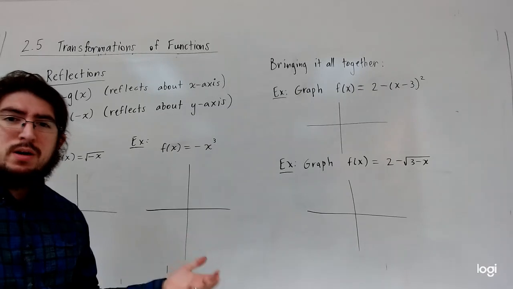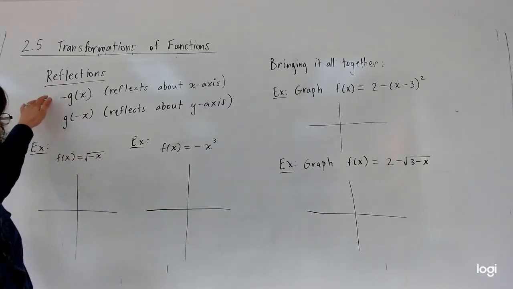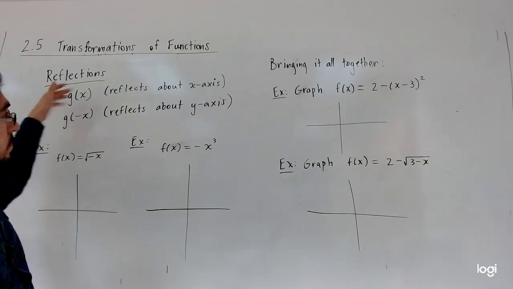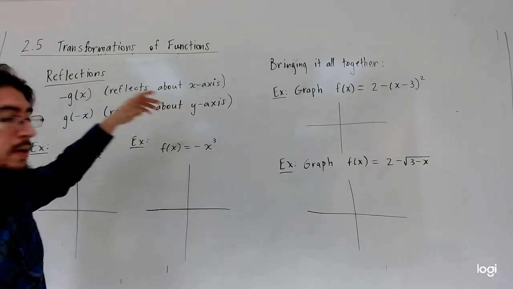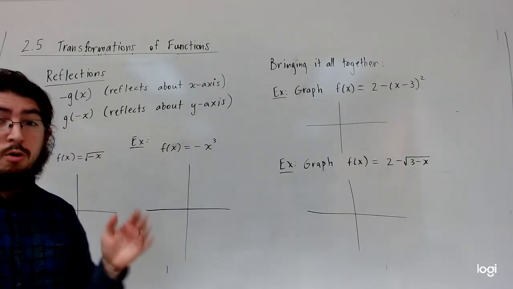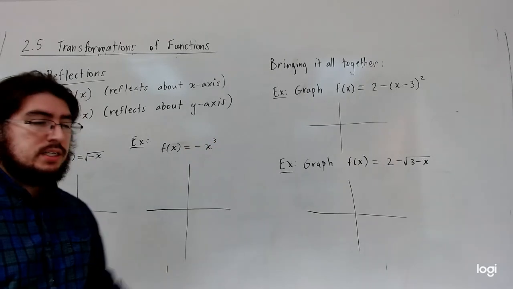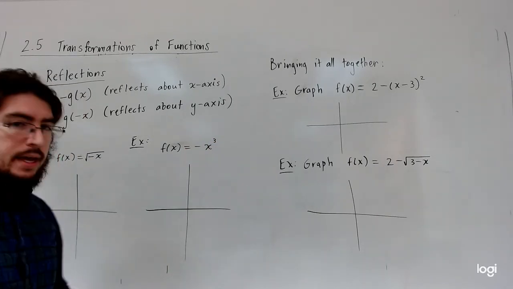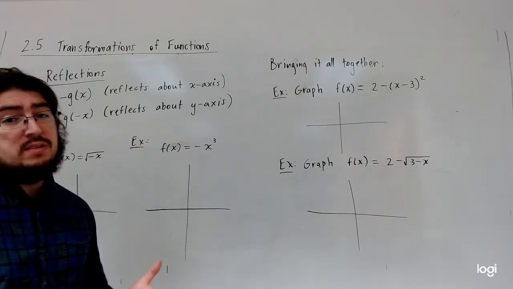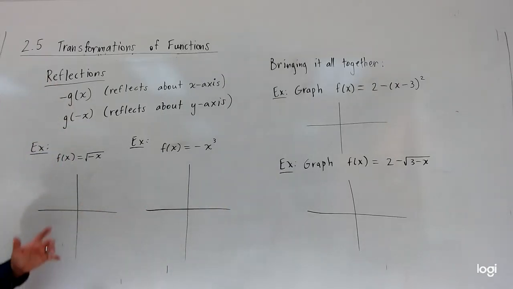So kind of what we saw earlier, things that happen on the outside of the function affect things vertically. About the x-axis is a vertical flip, whereas things that happen on the inside affect horizontal. So a y-axis reflection is a horizontal reflection, a horizontal flip. Okay, so reflections are often thought of as flips, flipping about the x-axis or y-axis. So let's see that here.